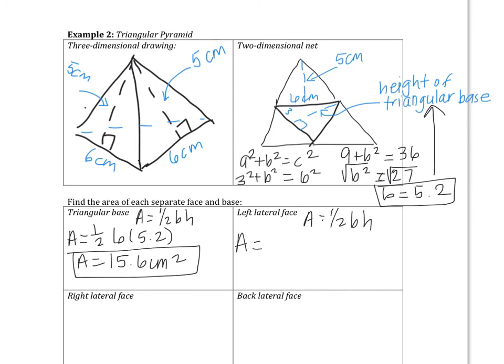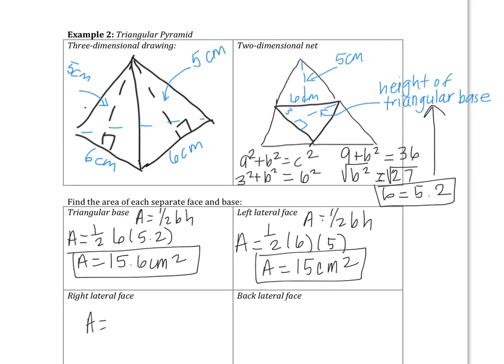Area equals half of 6 times 5, and that is going to be area equals 15 centimeters squared. And then for the sake of time, I'm just going to put area equals 15 centimeters squared for the others because we know they're all the same.